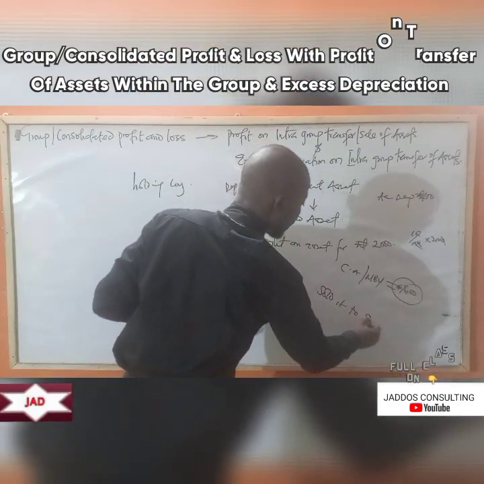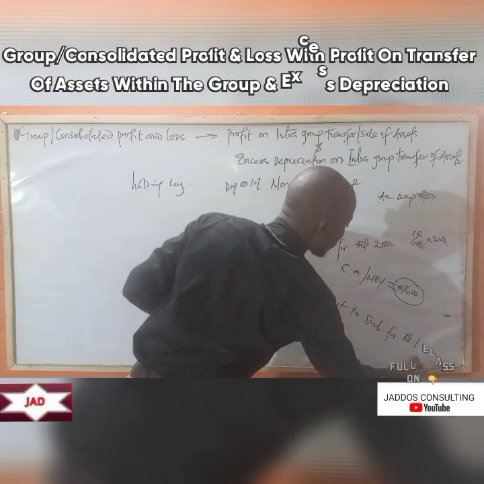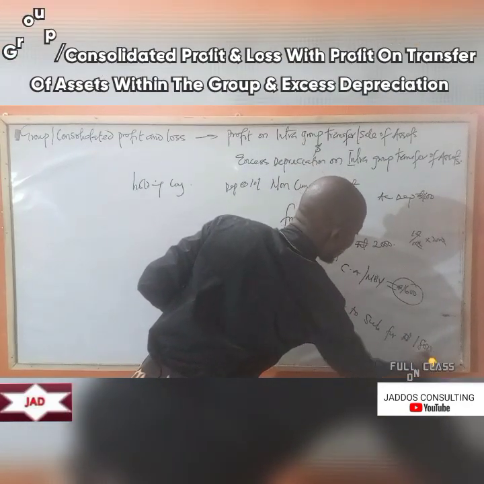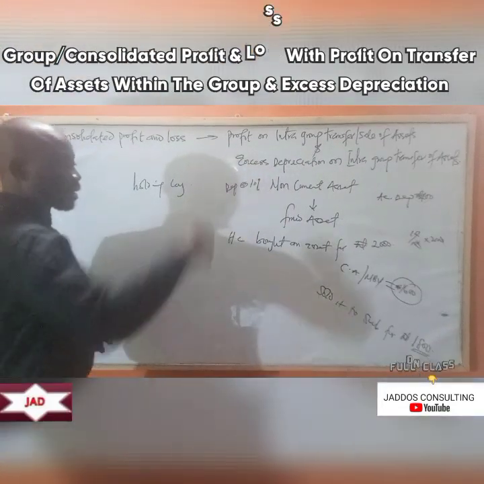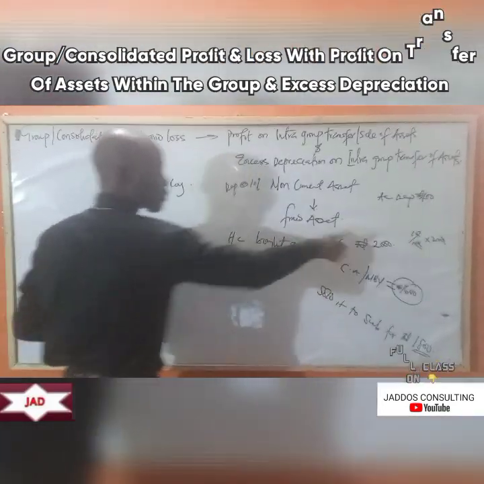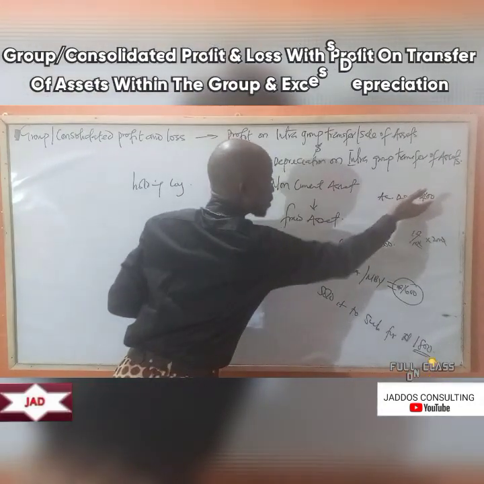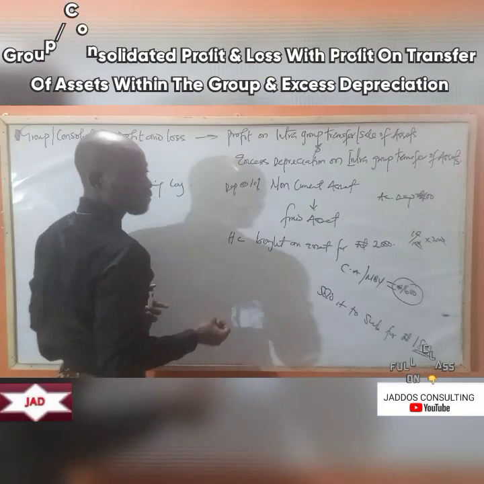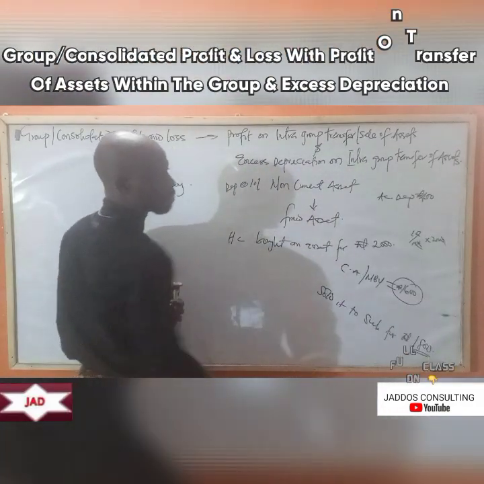So let's assume that when this asset was at 1,600 naira, the holding company sold it to the subsidiary for 1,800 naira. The holding company bought an asset for 2,000, used it for 2 years, depreciated at 10% per annum.